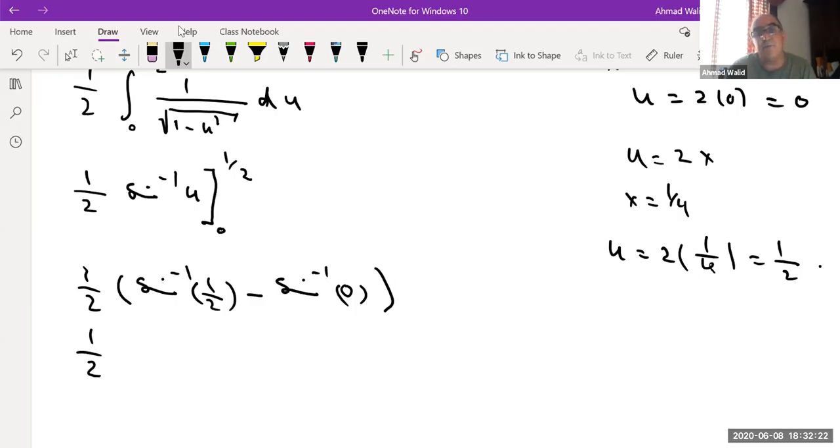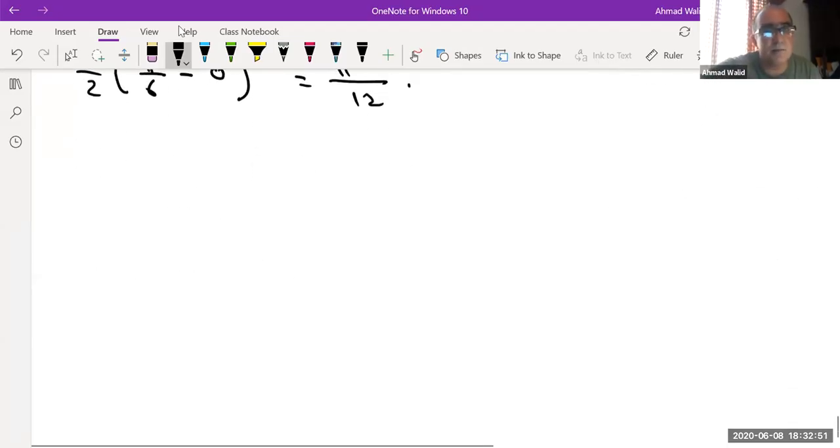Which angle has sine 1/2? Pi over 6, right? Minus which angle has sine 0? Of course, 0. And if you multiply, it gives you pi over 12, the final answer. Correct? This is how you deal with these problems.